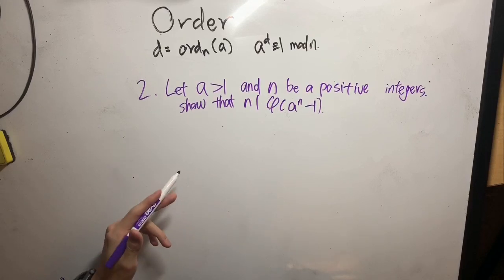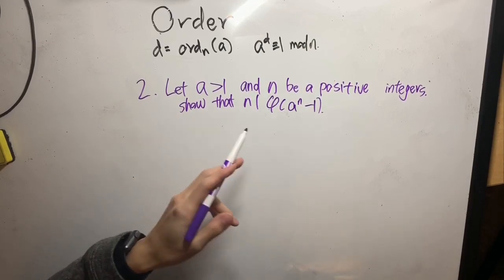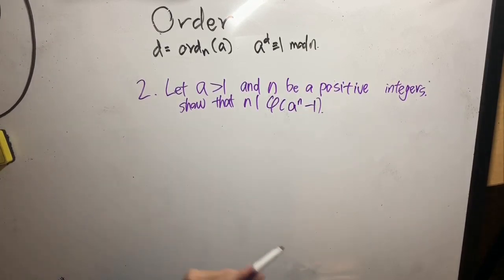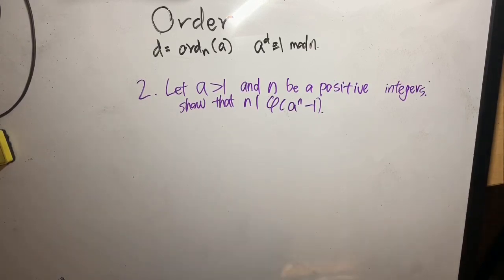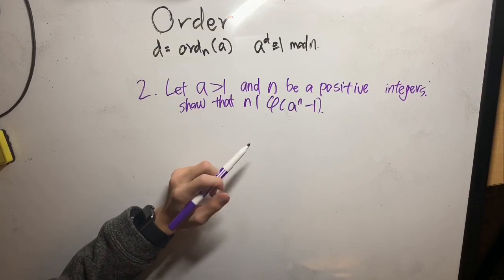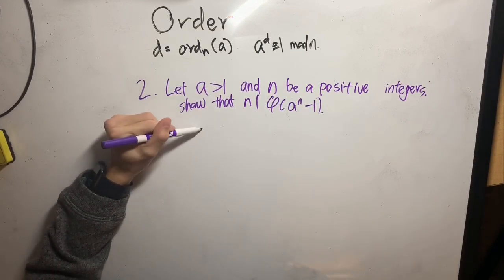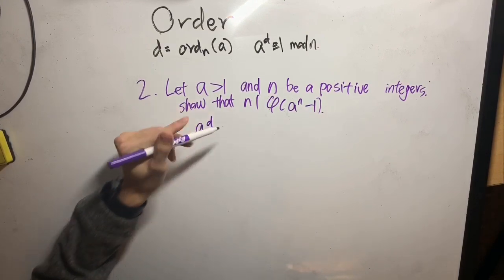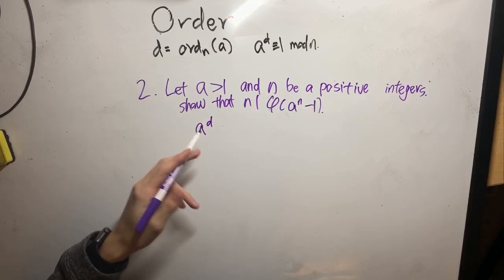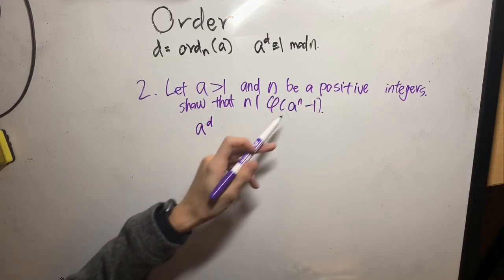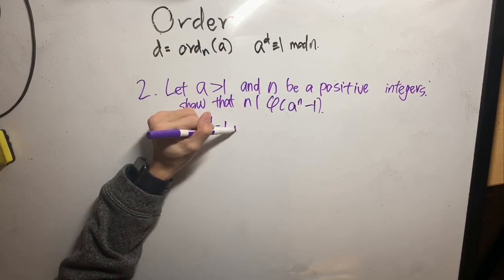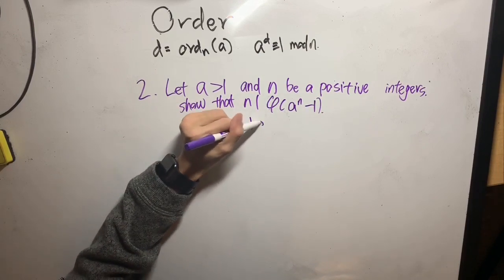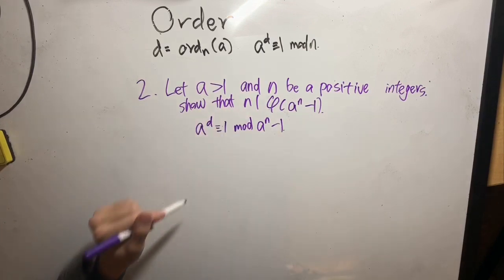The next question: let a be bigger than 1 and n be a positive integer. Show that n divides phi of a to the n minus 1. So first, if we want to find the order d of a modulo a to the n minus 1, we have a to the d is congruent to 1 mod a to the n minus 1.